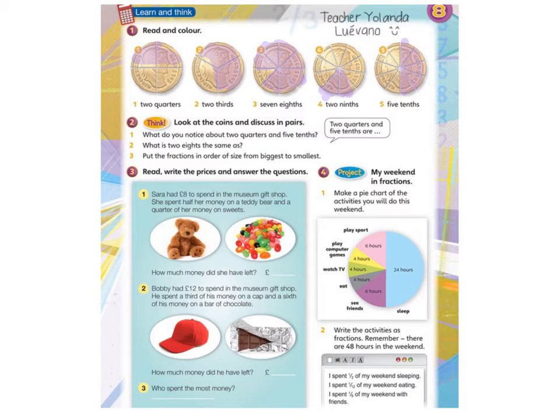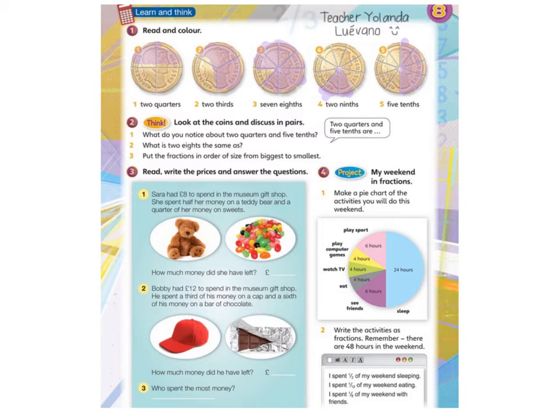Remember, a denominator is like a division of a whole. So we have to imagine the amount of money that these kids have as a whole. So we have to divide it by the denominator that we have over here.